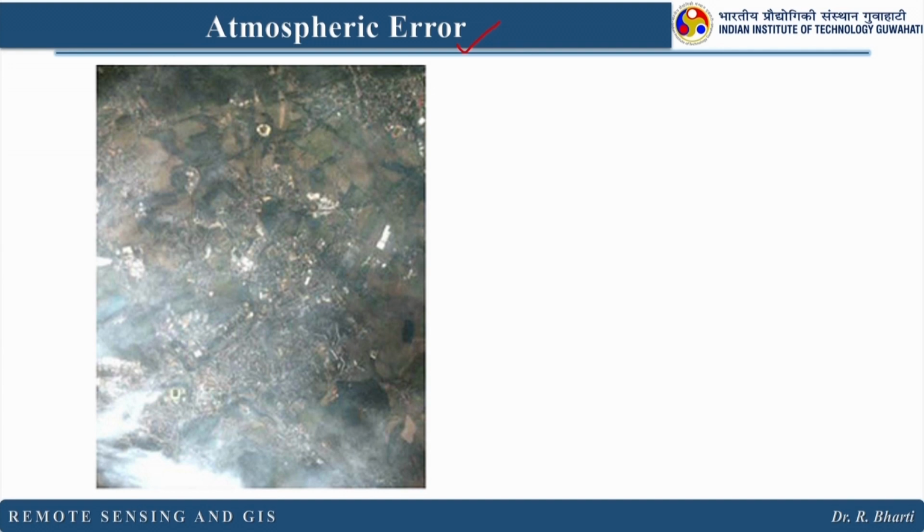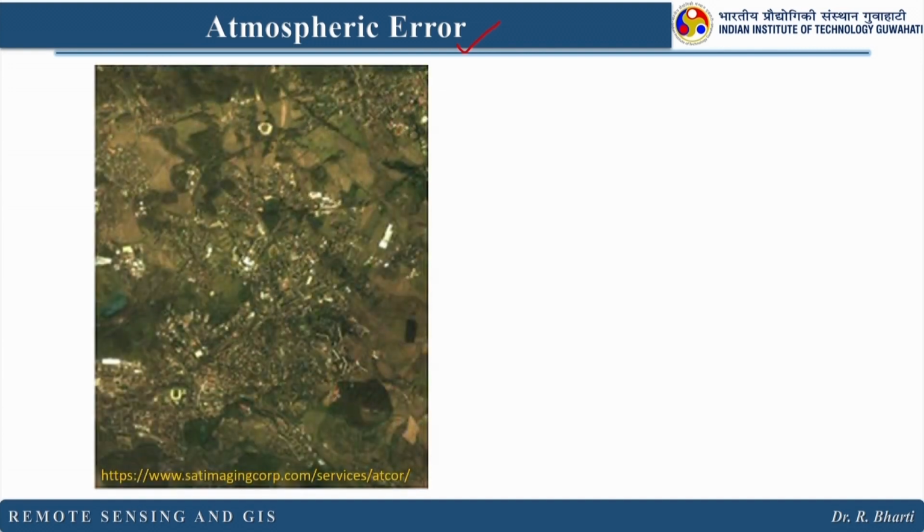If you remove the atmospheric components from this, then it will look like this, right. We will see how we can remove atmospheric components from remotely sensed data, because we cannot avoid our atmosphere, our clouds. They will be there during the acquisition. Sometimes if we are very lucky, you do not have clouds, right.